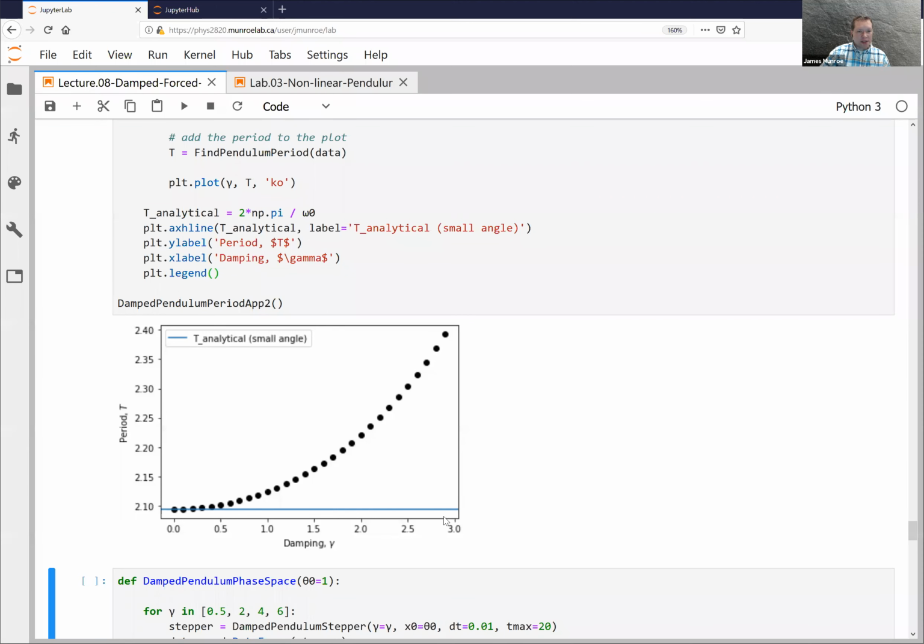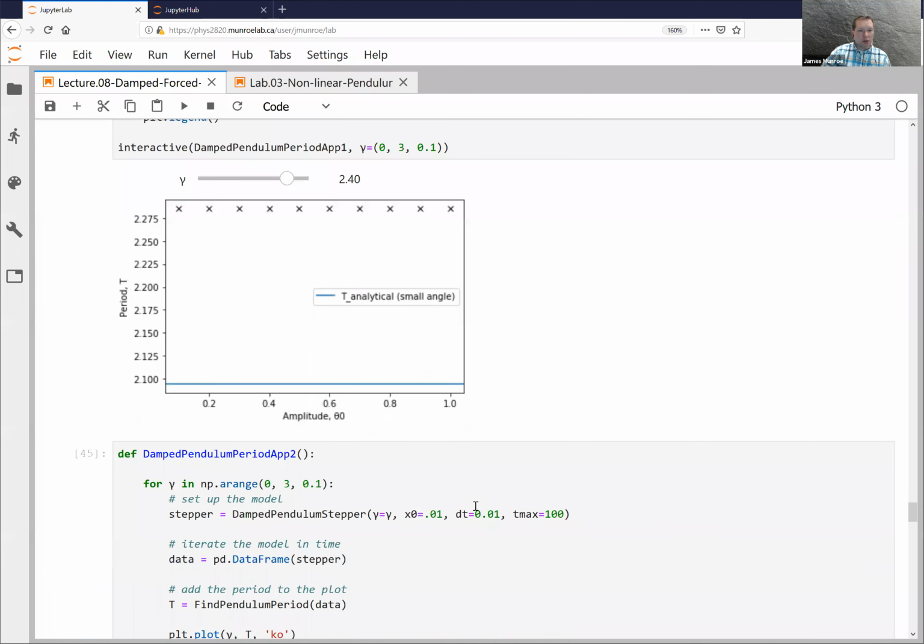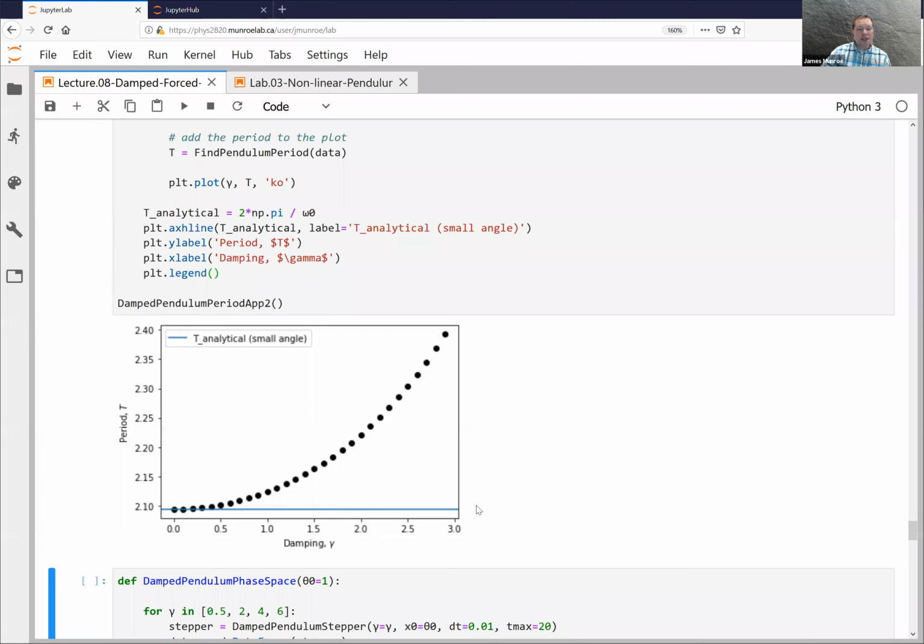A damped system has a larger period than its natural period. What this means is if you have a system that's oscillating and you measure the frequency, and there's damping in it, the frequency you measure is not the same as the natural frequency. The natural frequency for a pendulum, square root of g over L, is not the same as the frequency or period you'd actually measure in a real system.